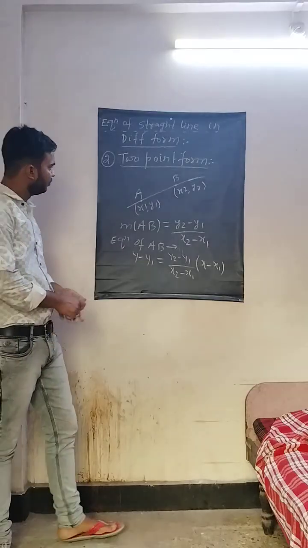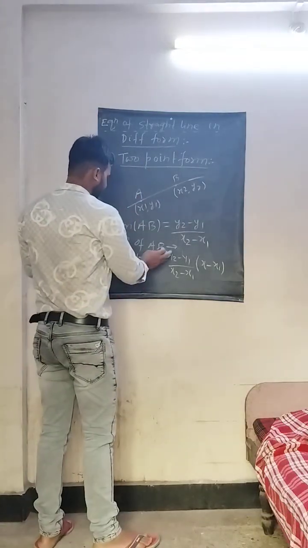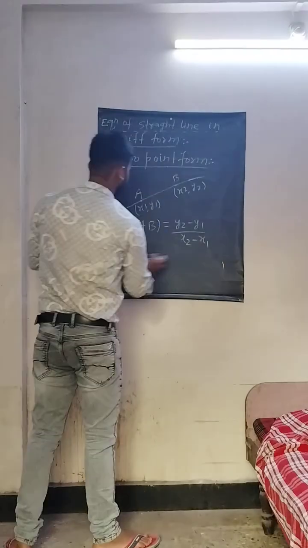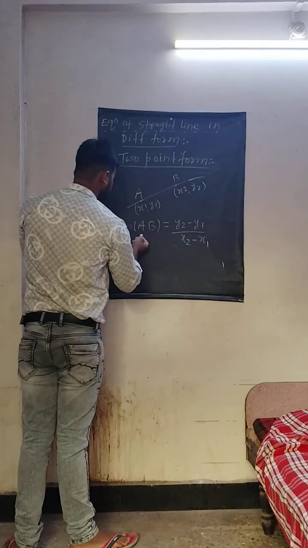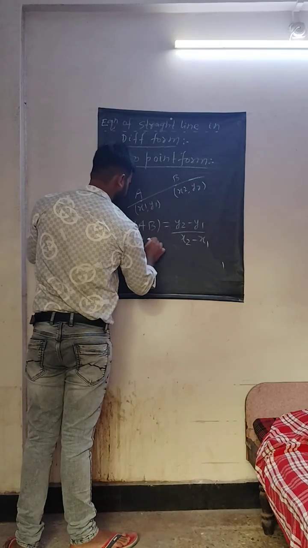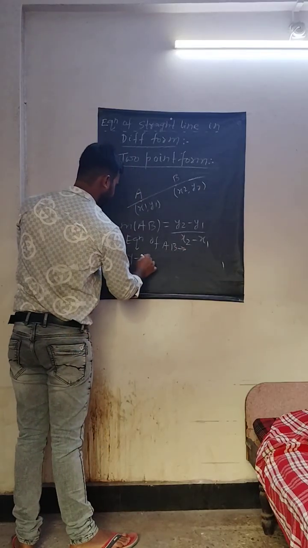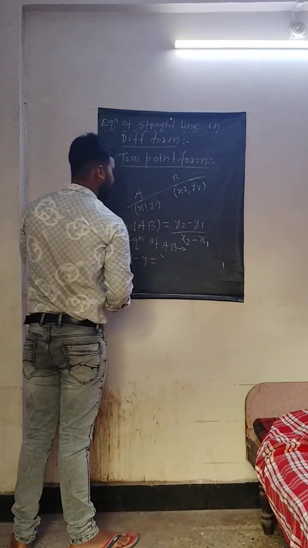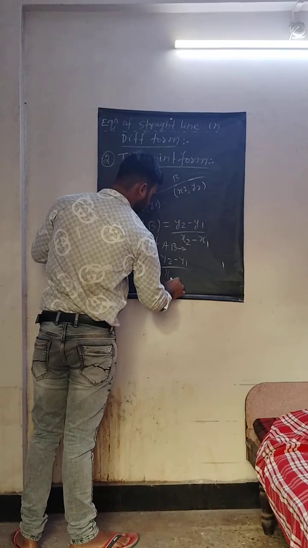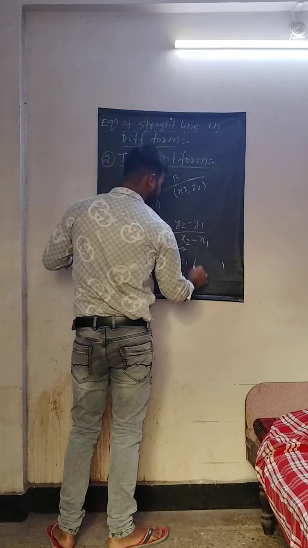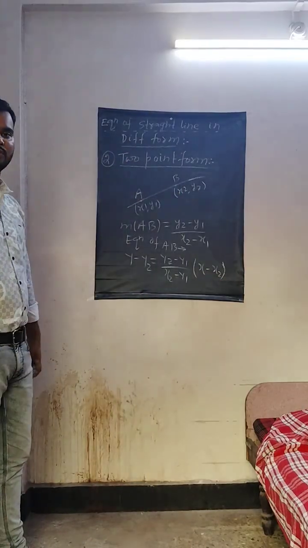You can also use point B, and the answer is no change. The equation of AB is y minus y2 is equal to (y2 minus y1) divided by (x2 minus x1) into (x minus x2).